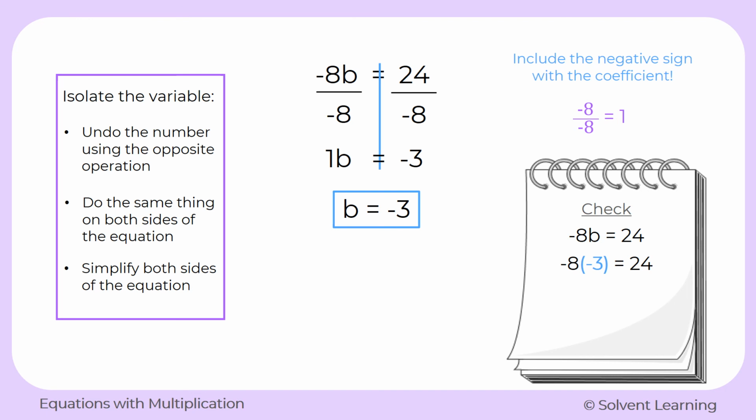Oh yeah, when we multiply two negatives, that's going to equal a positive. So that left side will become a positive 24. And then of course we have 24 on the right side. 24 does equal 24. We have a true equation, so our answer is correct. b is equal to -3.